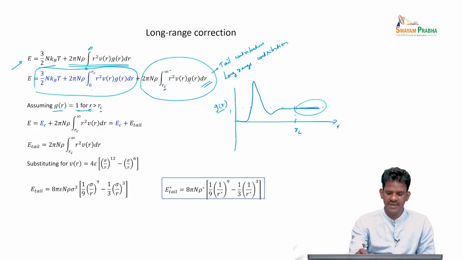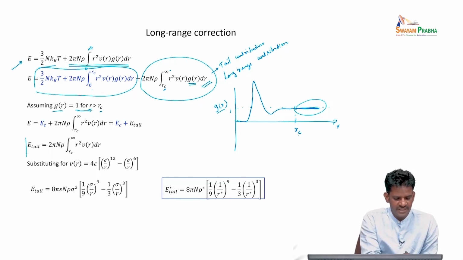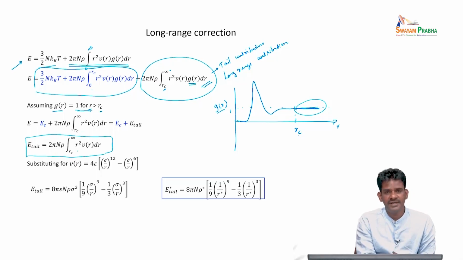Once I make g of r equal to 1 in this integral, then my E tail becomes simply an expression which is analytically soluble, because this is an integral over r squared times the potential times dr. For a potential like Lennard-Jones, we know that it is a function of 1 by r to the power 12 and 1 by r to the power 6, and this can be substituted here and integrated in the limit of RC to infinity.